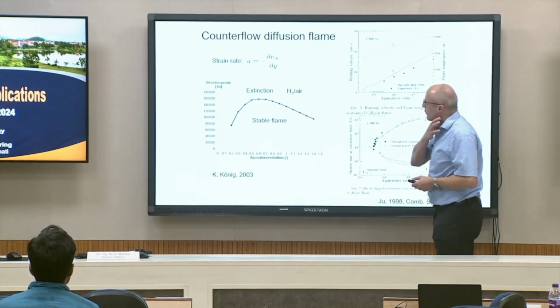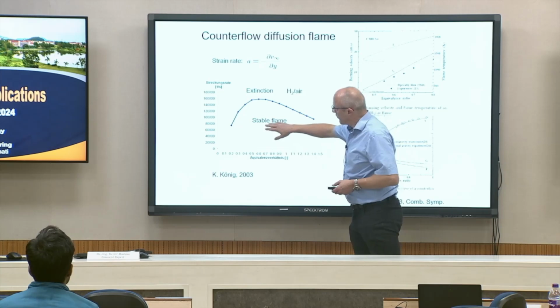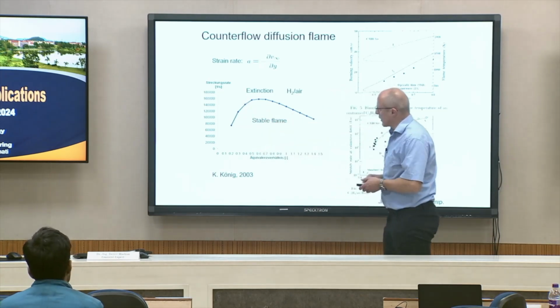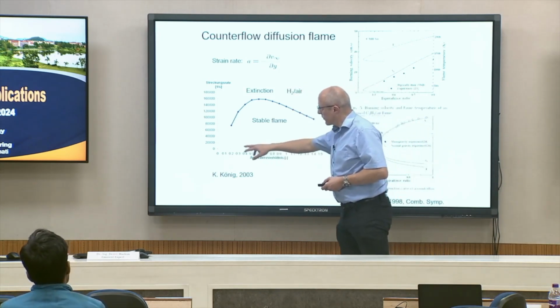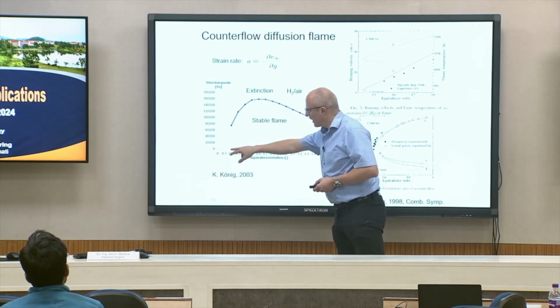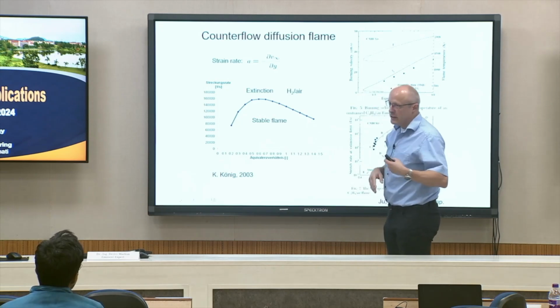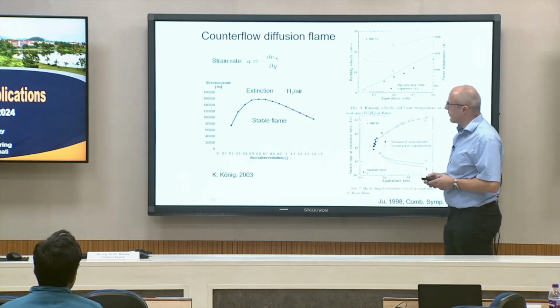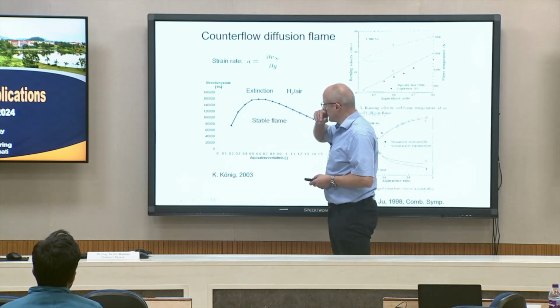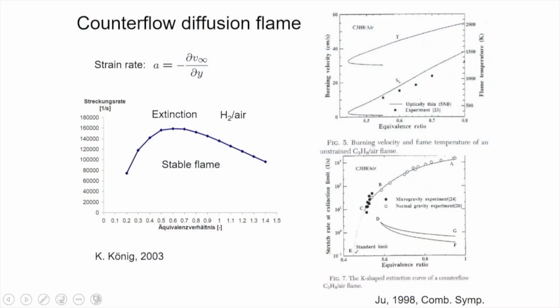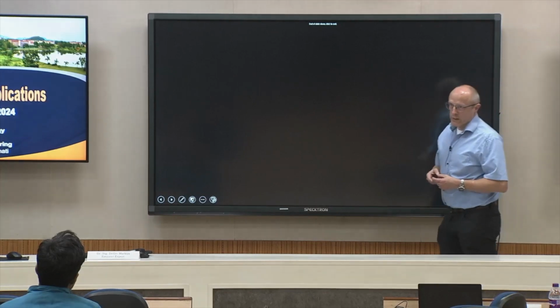So here, for example, the strain rate and the equivalence ratio, when we look at this for H2, we can see that at lower and at higher equivalence ratio, lean and rich flames, a lower strain rate is enough to extinguish our flame, and at specific conditions, even at very high strain rates, we have a stable flame. So that's it for today.